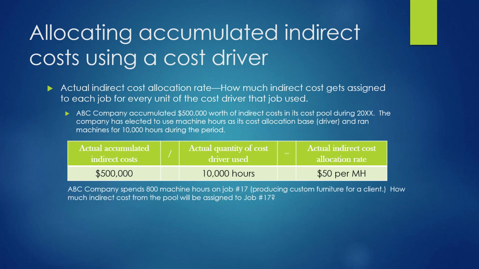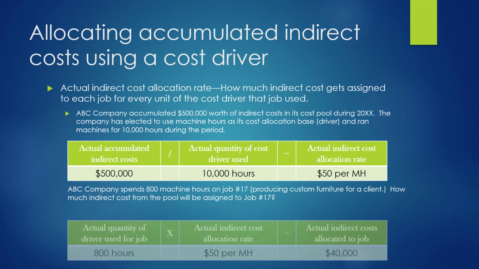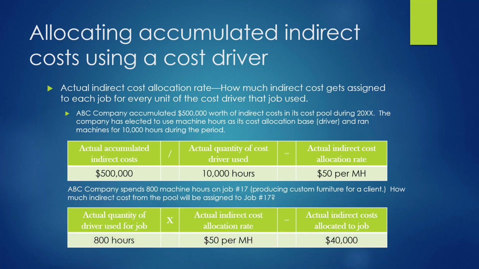So if ABC Company, on one particular job, job 17, used machines for 800 hours, how much cost should they take out of the pool? Well, you just take the quantity of the driver used, in this case 800 machine hours, and you multiply it by that allocation rate. They've decided already that they're going to allocate out $50 for every hour machines are operated on a job. This particular job took 800 hours. 800 times 50 is 40,000.